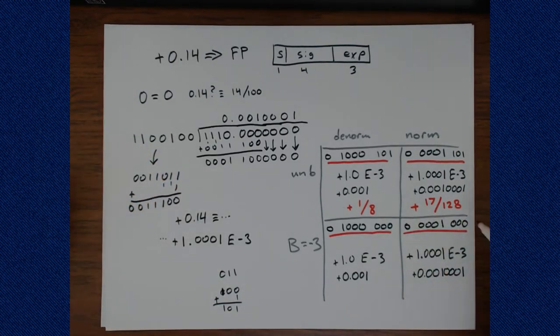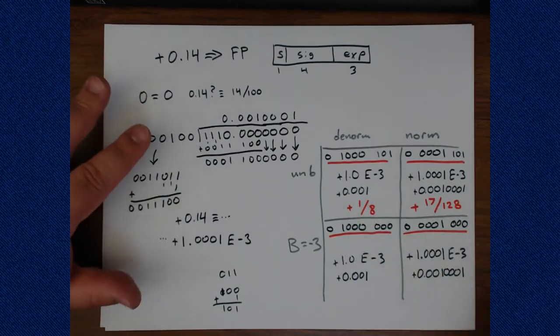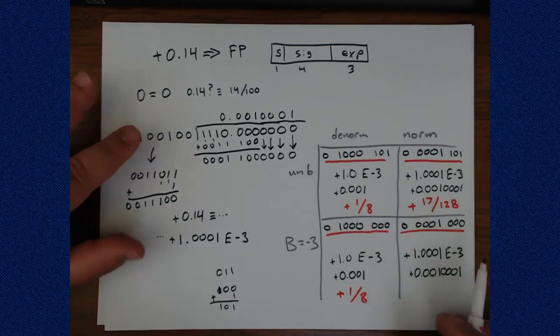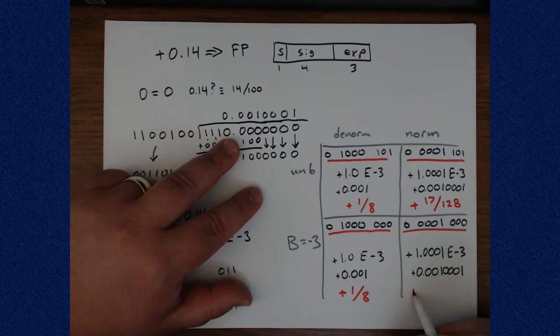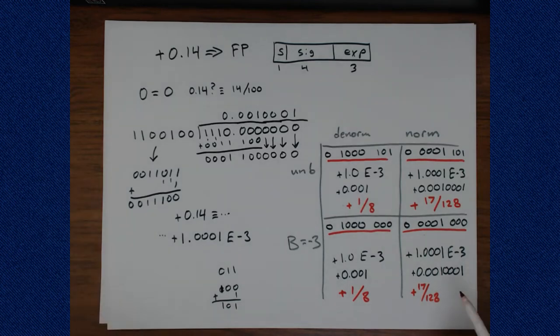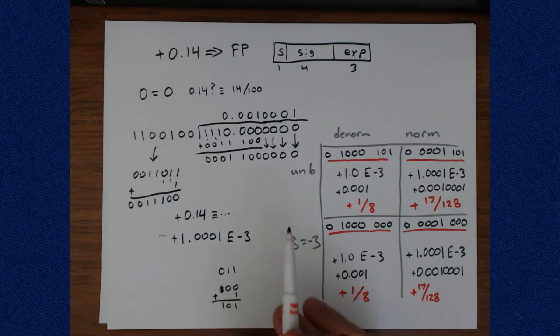All right, now it has a much higher denominator, so we're going to hope that this one is more accurate than this one. Let's see, down here, it's positive 1, 1, 2, 3 bits, so 2 to the third is 8. Positive 1/8, just like up here. On this side, looks like it's going to be the same. That's the same bit pattern, so this is also positive 17/128. Now, of course, the question should arise, well, is that close to 0.14 or not?